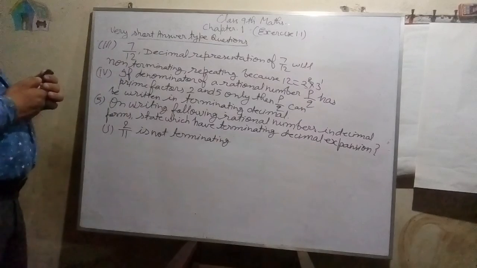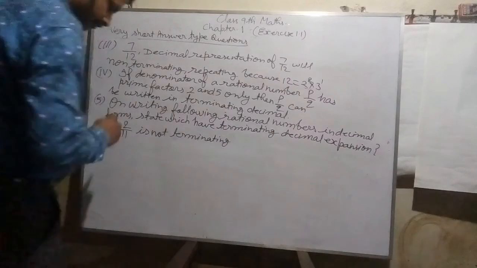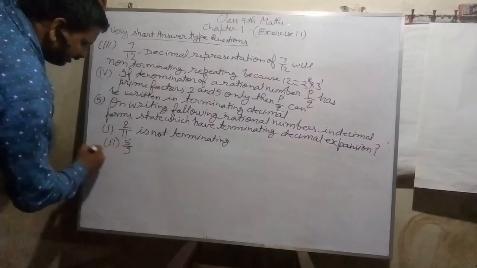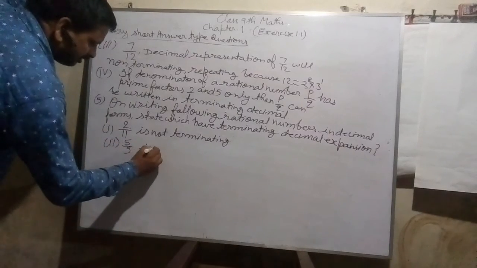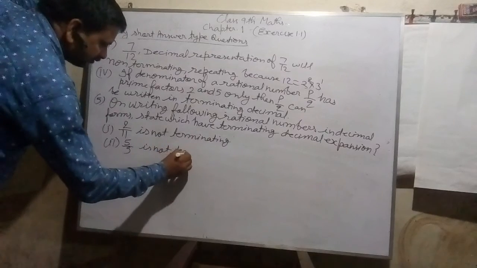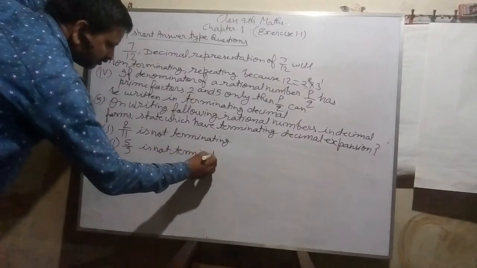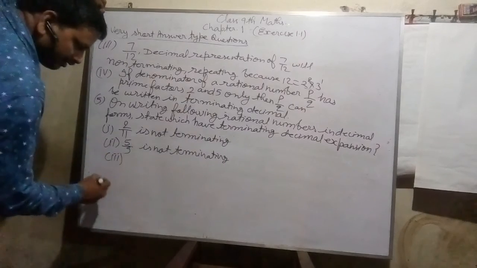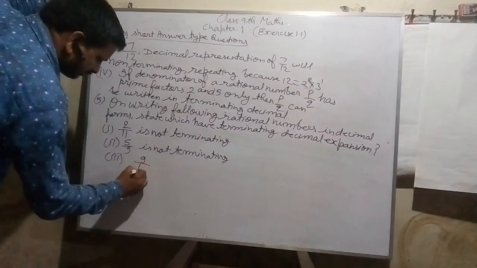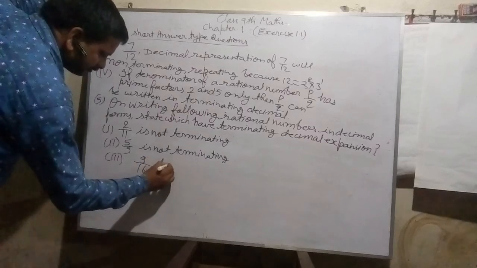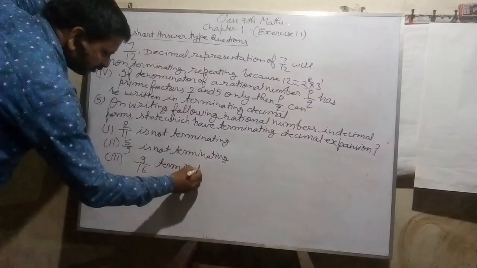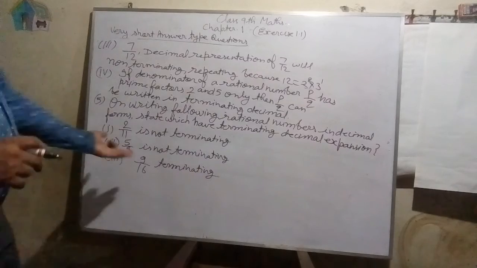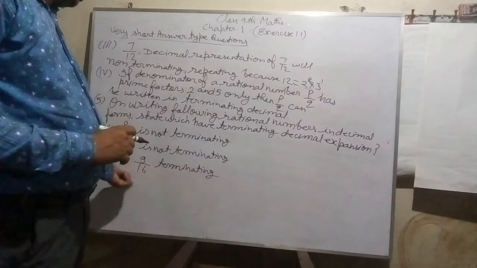Similarly, second part, 5 by 9, same, is not a terminating decimal expansion. Third part, 9 by 16, terminating, because 16 can be written as 2 raised to the power 4, with prime factor 2 only.